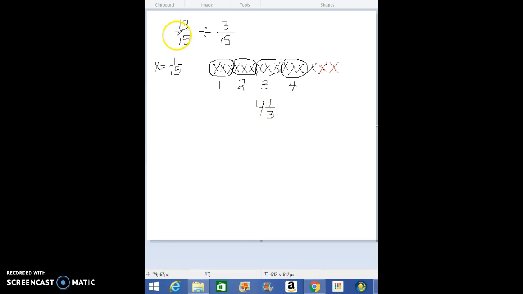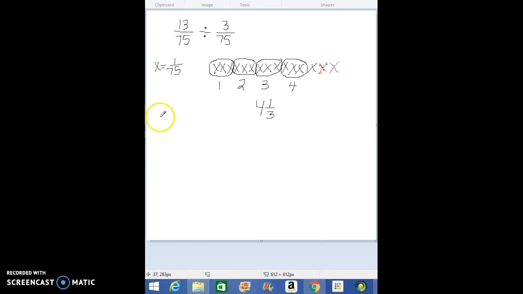Again, I could come back here and, just to make this easy, change my denominators to 75/75. So now each one of my x's stands for a 75th. So I changed the size of my pieces, but I did not change my number of pieces. So when it comes down to it, if I start with 13/75 and I want to see how many groups of 3/75 I can make, the answer is going to come out to be exactly the same thing.